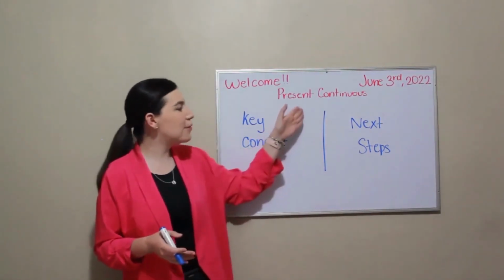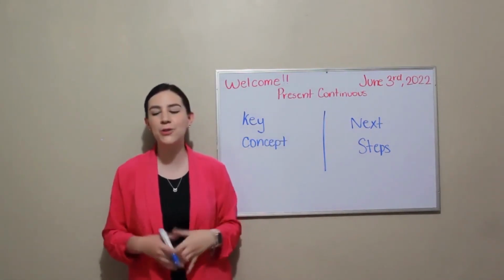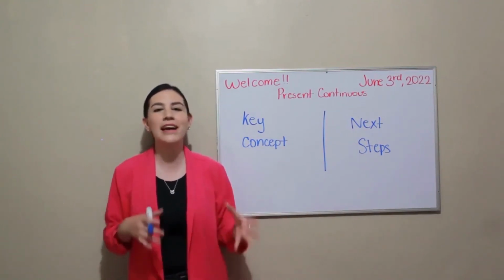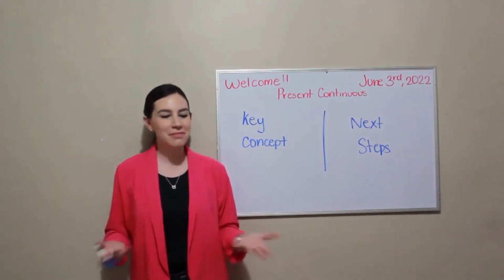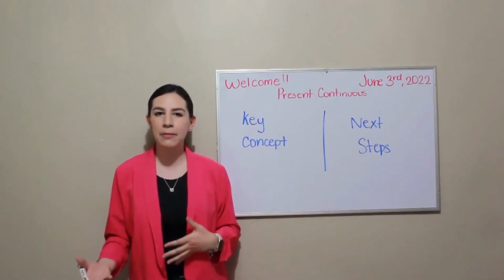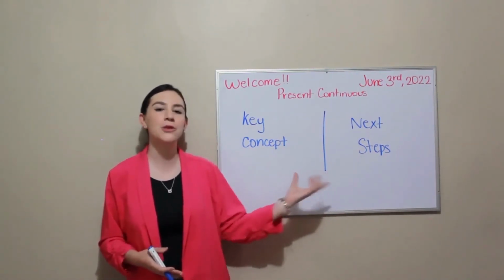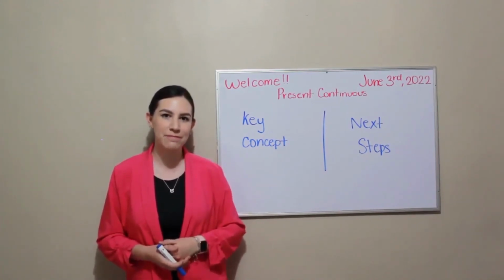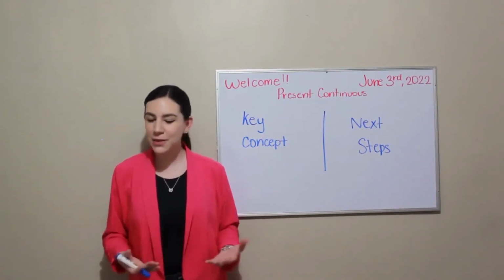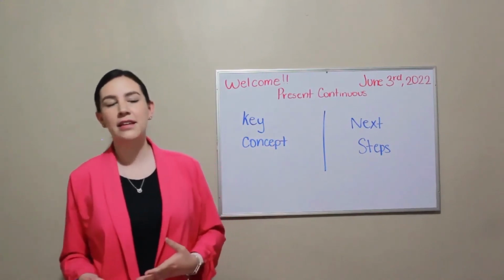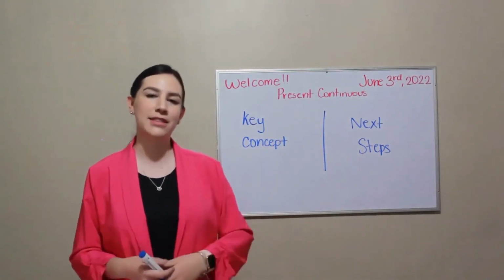You're going to be able to use the present continuous to express what you're doing in that moment. So think about practical examples in real life scenarios that you're going to be able to apply these two concepts to. Okay? That is going to help you regulate your own learning process.